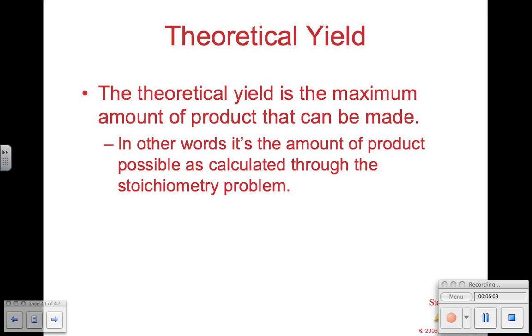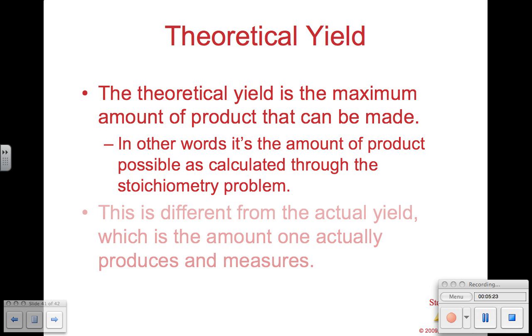So when you do stoichiometry and predict how much product you should produce, that's what we call the theoretical yield. That's if everything reacted perfectly, we should have this much product. Very rarely does your actual yield end up being equal to your theoretical yield. And so when we look at the two, the numbers are going to be slightly different.